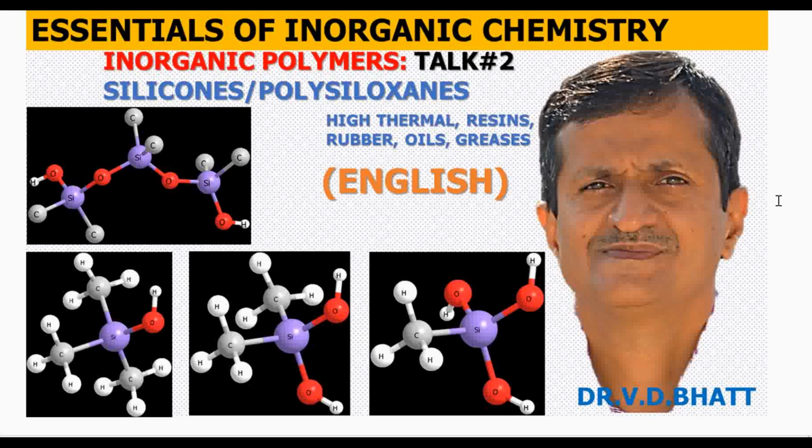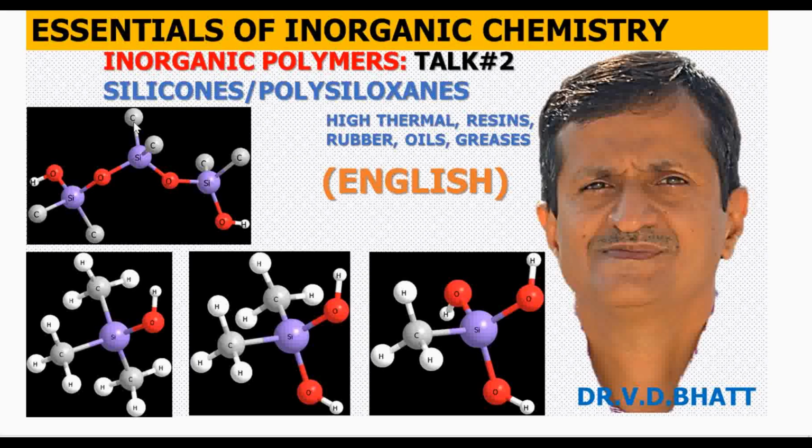On the thumbnail, I have shown structures of some important compounds involved in this silicones chemistry. You can see that the first structure is a linear polymer with alternating units of silicon and oxygen.